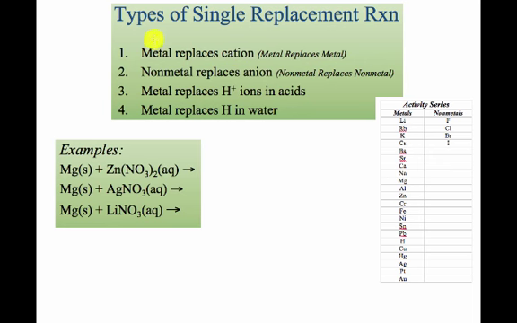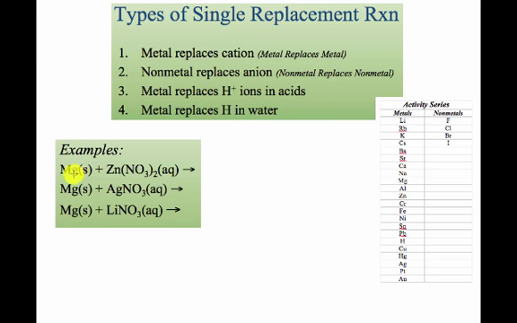All right, so the types of single replacement reactions we're going to look at are metals replacing cations, or metals replacing metals, nonmetals replacing anions, which is nonmetals replacing nonmetals, metals replacing hydrogen ions, and metals replacing hydrogen in water. Okay, so here's an example of a type of reaction. The first thing I'm going to do is identify this as single replacement because I have a single element and a compound.